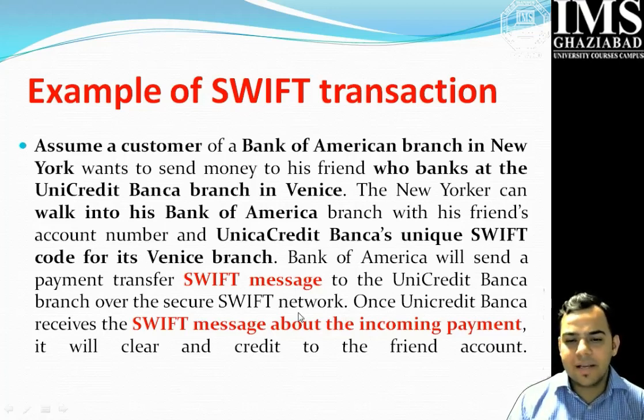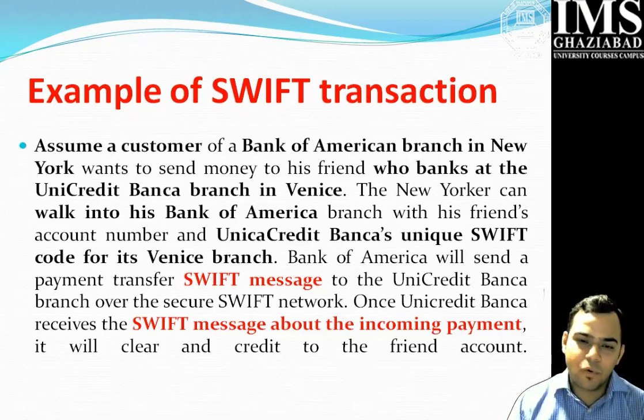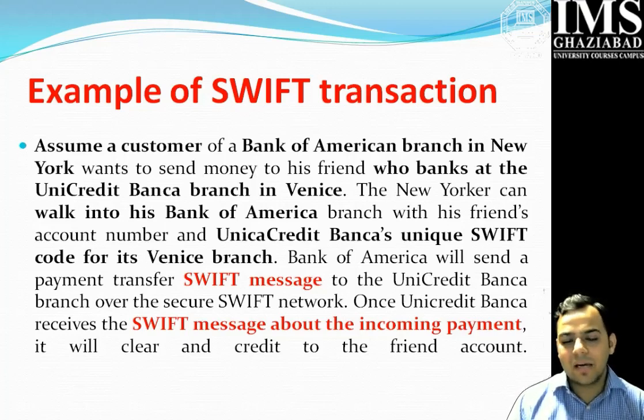The SWIFT code is actually not transferring any fund. It is about the safety of the fund. It is just a kind of message that ensures that some payment will be coming from one bank to a different bank. So SWIFT is actually the society which was founded to promote interbank transactions taking place between two different economies, two different countries.